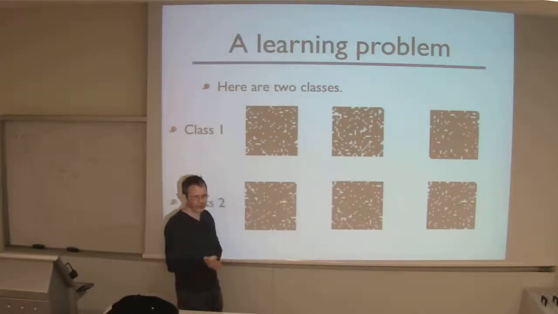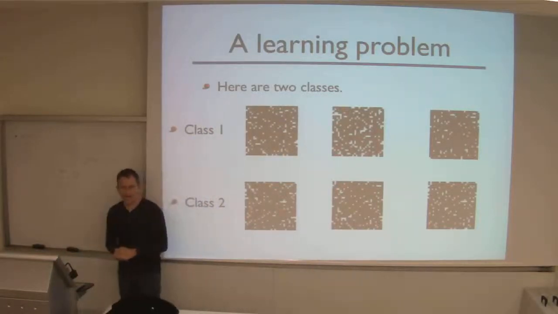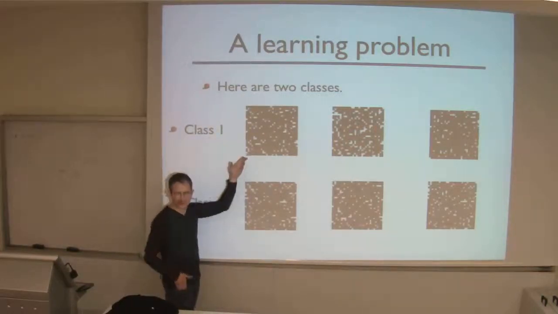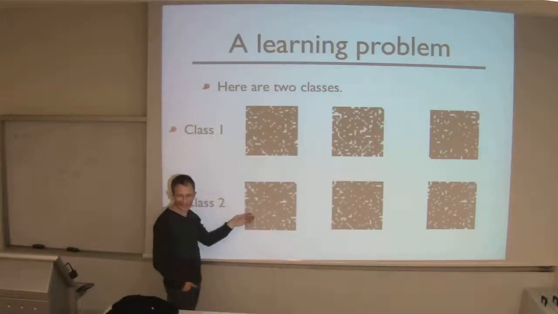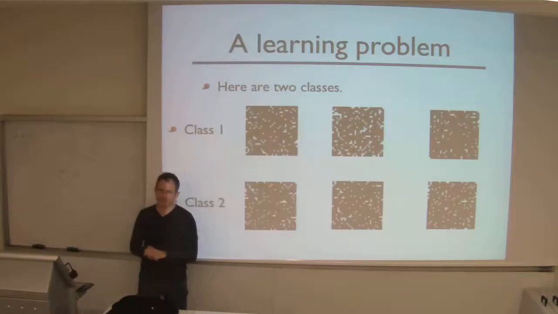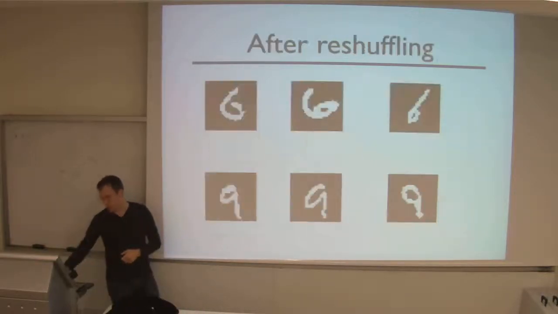You apply it to this problem. The task is to discriminate between 6s and 9s. These are 6s, these are 9s. How are computers able to discriminate if they were so different? It's not that they have one image for the sixes. Of course, this is why it's hard, right?